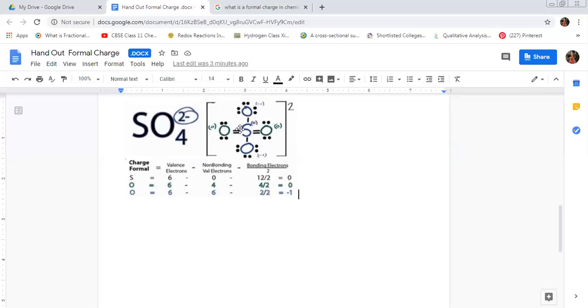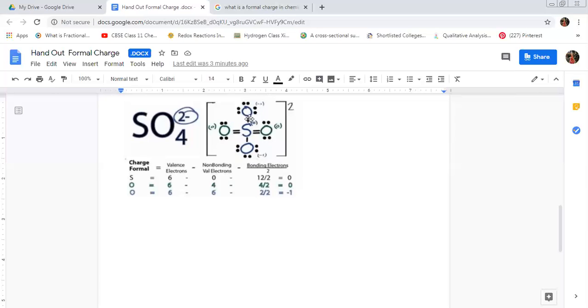How many bonds? 1, 2. So I can write 2 directly, or using half the bonding electrons, 1, 2, 3, 4, because a double bond means 4 electrons, 4 divided by 2. So the charge will be 0.